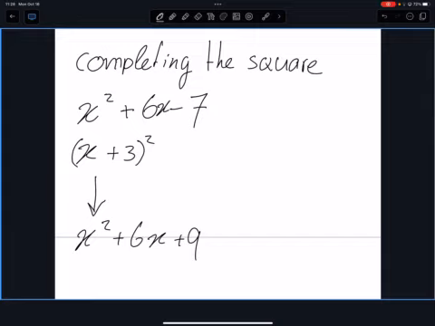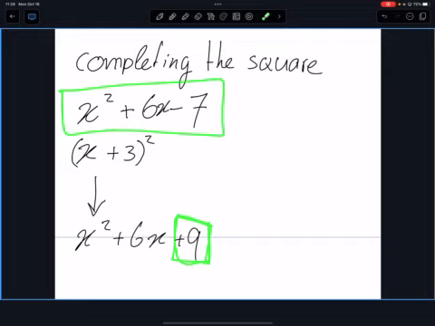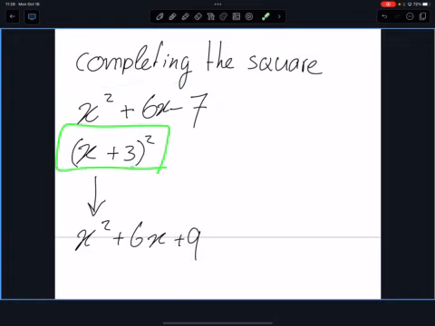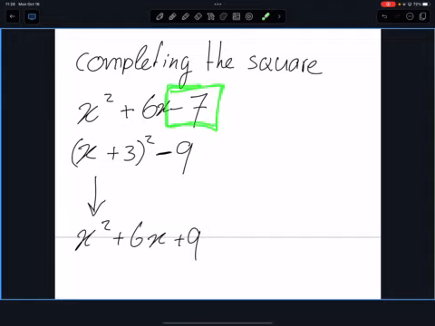Now, I do not want this positive 9. Why? My equation is this. This is my equation. What I have here is this. So, I have to subtract the 9. Why do I subtract the 9? Because I don't want the 9. And after I'm done with that, I add this part back into the equation, minus 7.